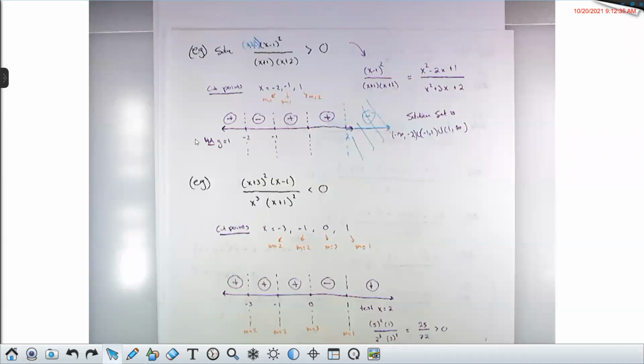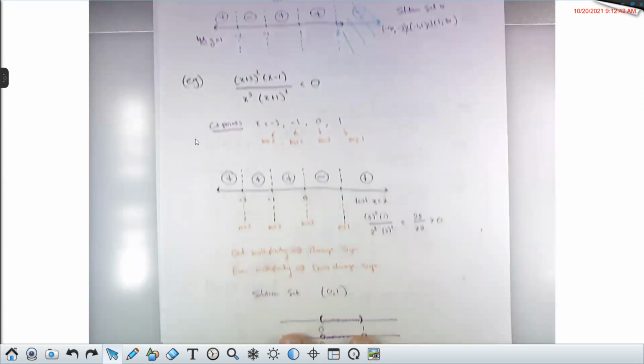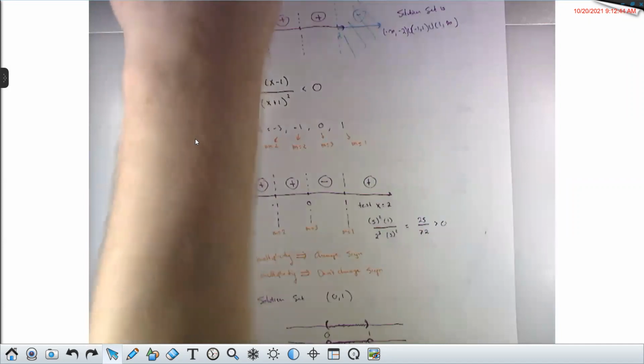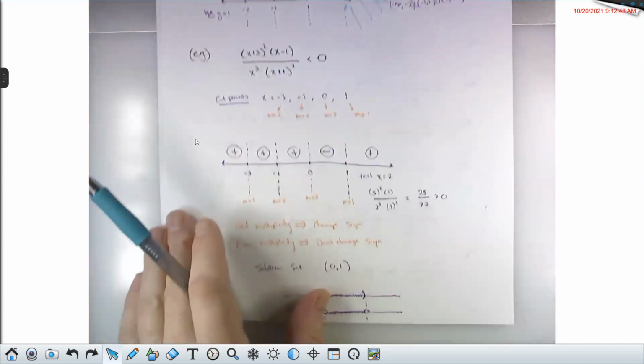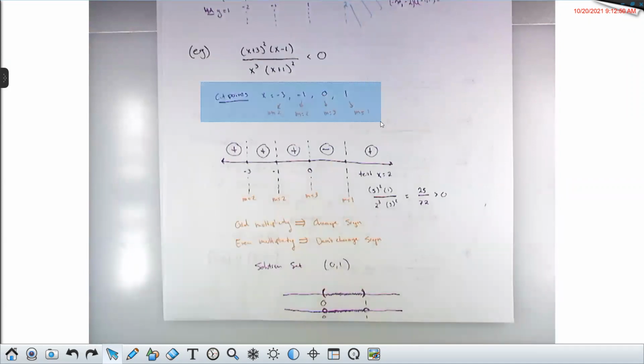Wait, could you go over the next solution set, like the problem right under it? Sure. So here we were looking to see where this function is negative. And we found our cut points and their multiplicities. We plotted our number line.